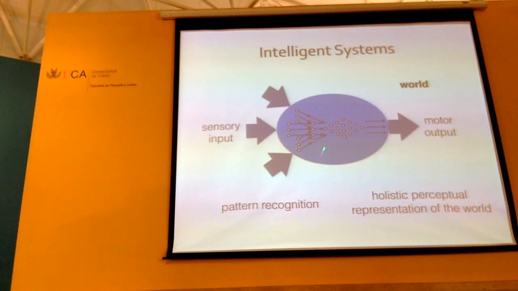So far, we are looking at something that I would rather classify as a pattern recognition problem. But what would be a holistic perceptual representation of the world that deals with all the sensory input that we get, and that basically defines our perceptual state at every moment in time?